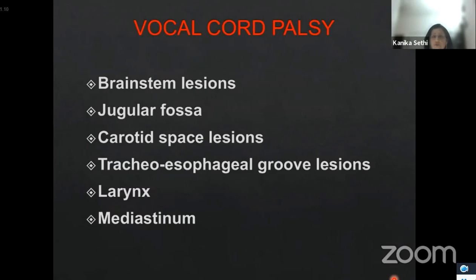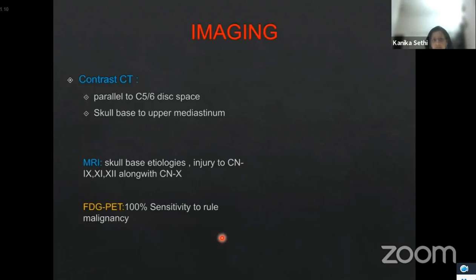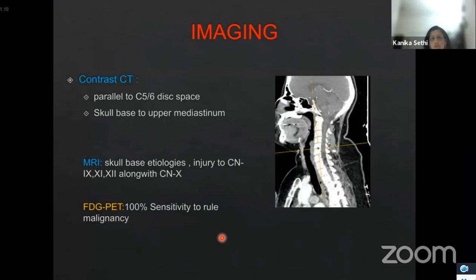So for imaging, I've divided the imaging of a patient with vocal cord palsy into brainstem lesion, jugular fossa, depending upon which space is involved, the carotid space, the tracheoesophageal groove, larynx, or the mediastinum. So you do a CT. It is important that you go parallel to the vocal cord, or parallel to the C5-6 disc space, when you are imaging.